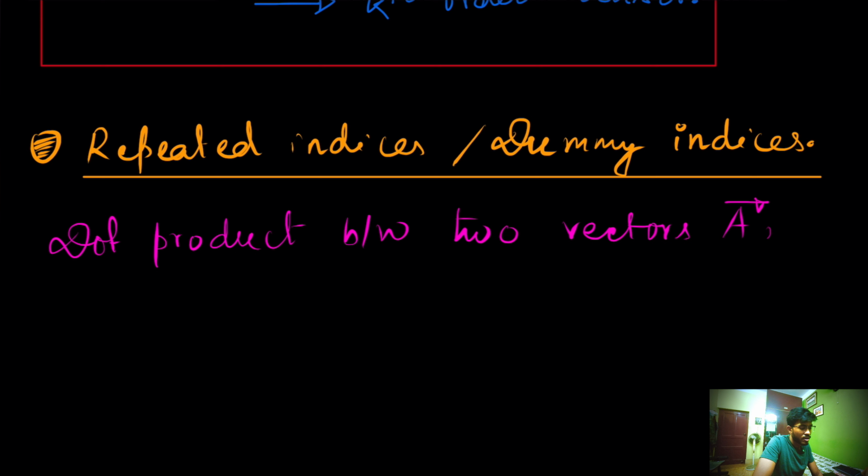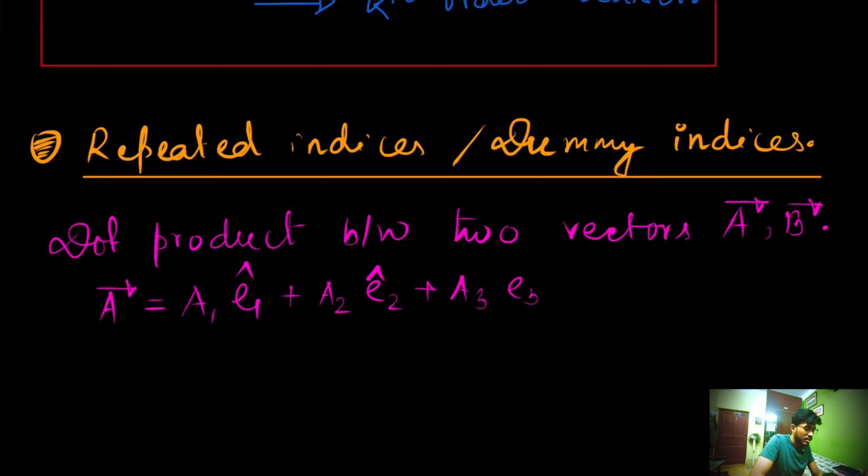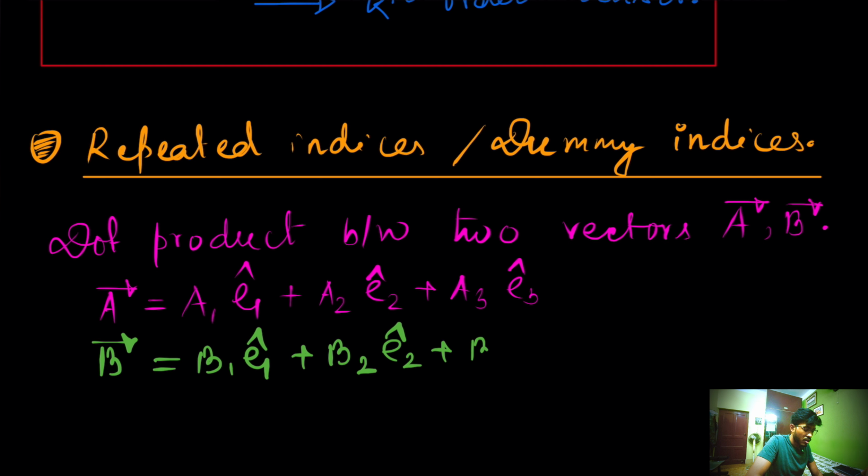A and B. A has its components as A1 E1 cap plus A2 E2 cap plus A3 E3 cap. Now B has its components like B1 E1 cap plus B2 E2 cap and B3 E3 cap.